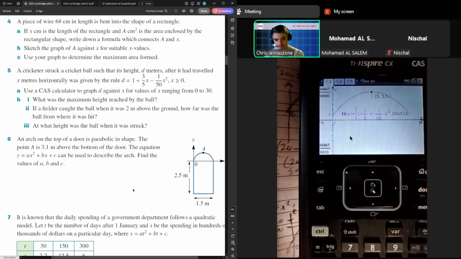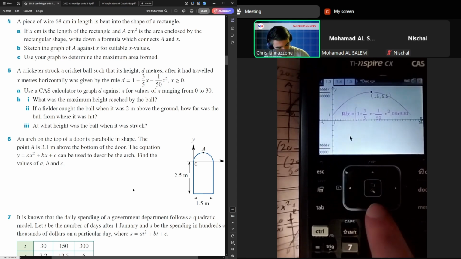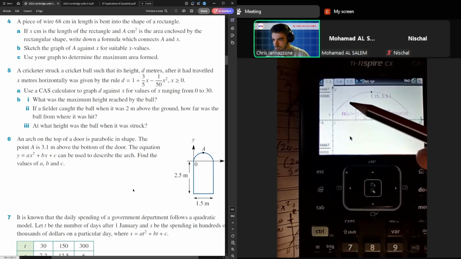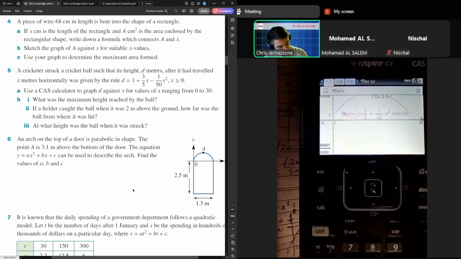So the idea here is we're looking for the corresponding x values, so x being how horizontally far away it was, that corresponds to a vertical distance of 2, because it was caught 2 meters above the ground. So what that means is, I want to know, what are the x values that are responsible for giving me y equals 2? Look familiar at all?